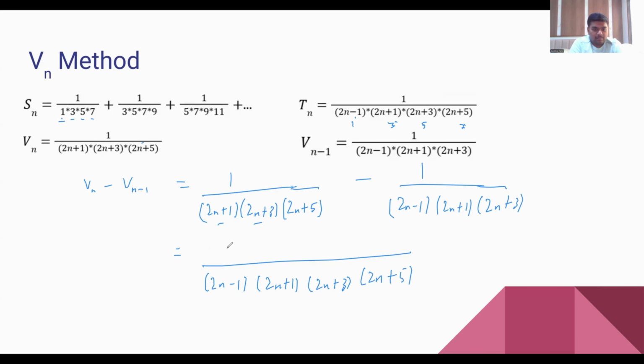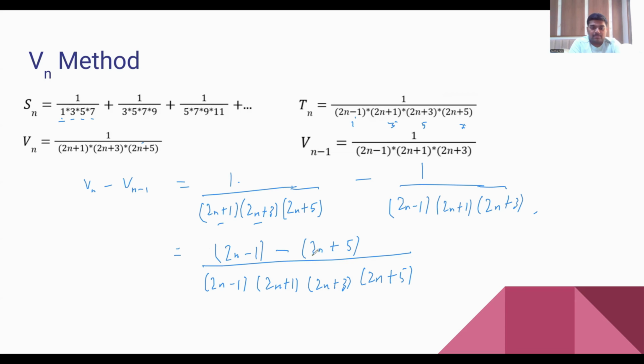And here it will be 2n minus 1 for the first term, because there is no 2n minus 1 in the denominator. So we will multiply numerator and denominator by 2n minus 1. Minus, here, what do we not have? 2n plus 5. So 2n plus 5.